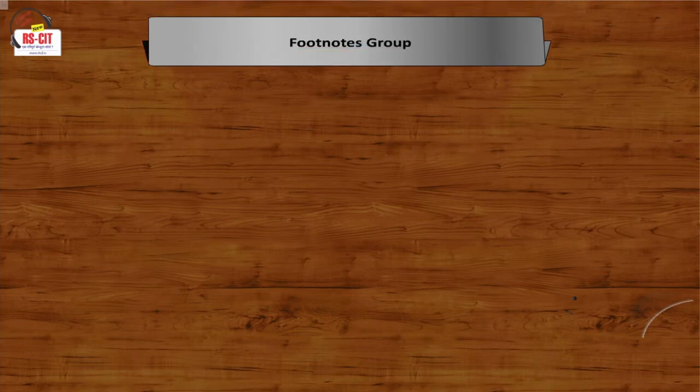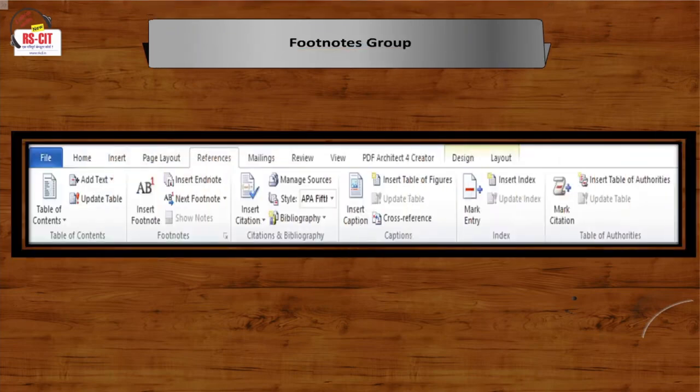In the Footnotes group, the available options are Insert Footnote, add a footnote to the document. Next Footnote, navigate to the next footnote in the document. Show Notes, used to show the notes.